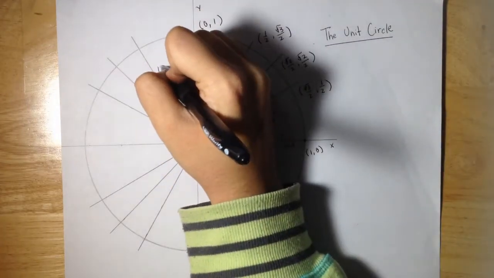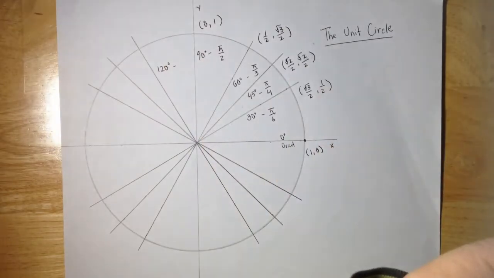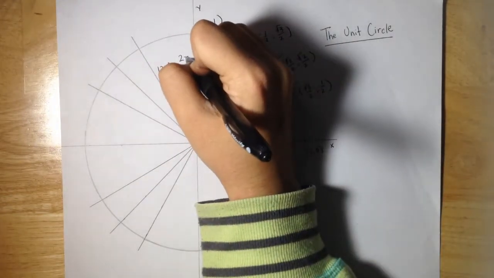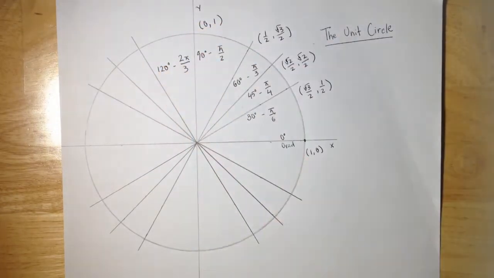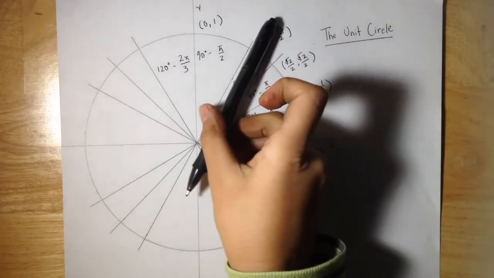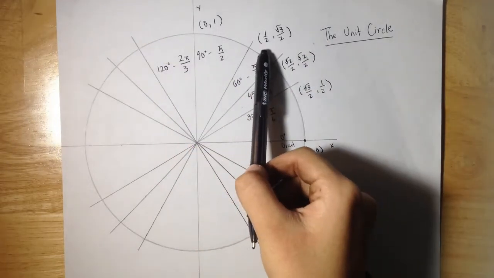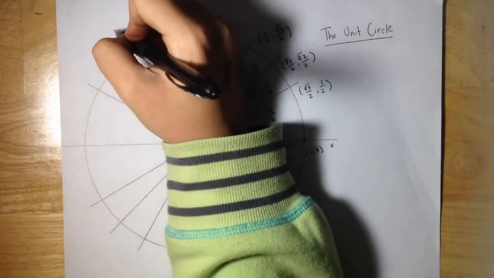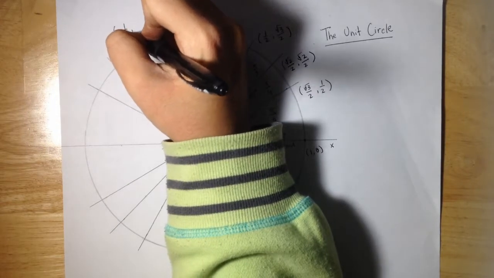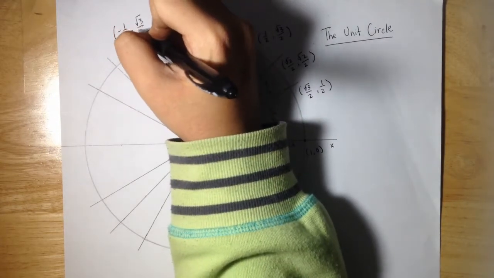Next is 120 degrees, which is 2 pi over 3 radians. The coordinates are the exact same coordinates as this, except the x coordinate is negative. So negative 1/2, radical 3 over 2.